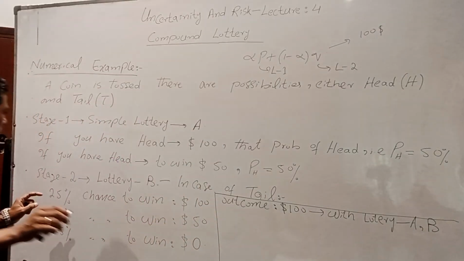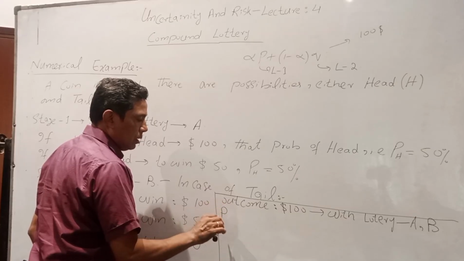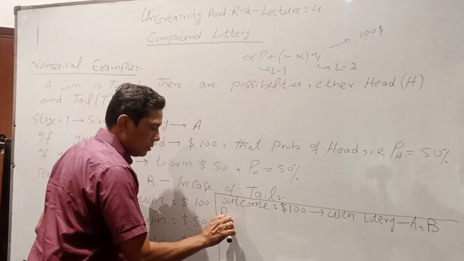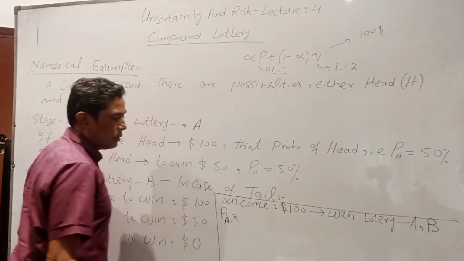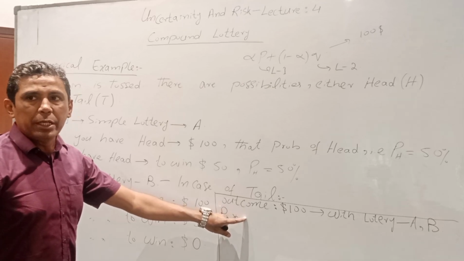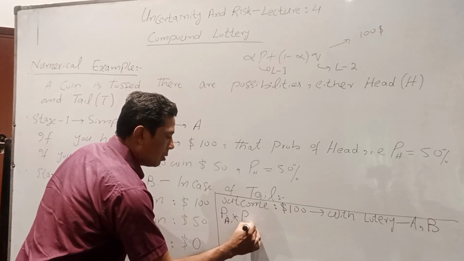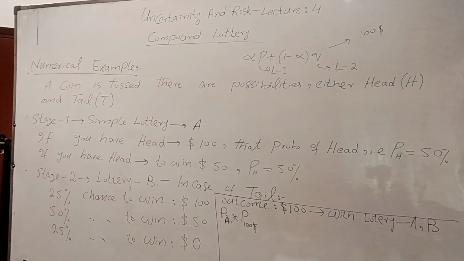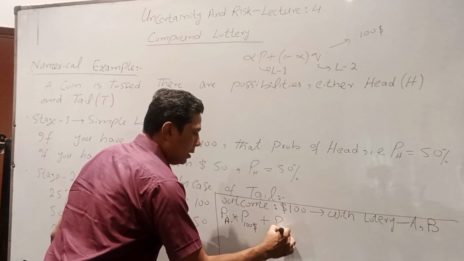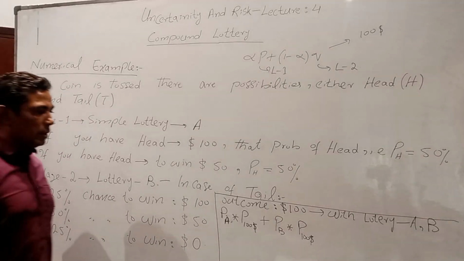So for example, first of all, probability of lottery A multiplied by the probability to win $100, plus probability of lottery B multiplied by probability to win $100. Clear? So just plug the values here.